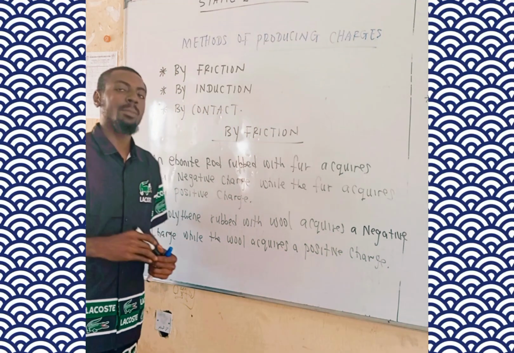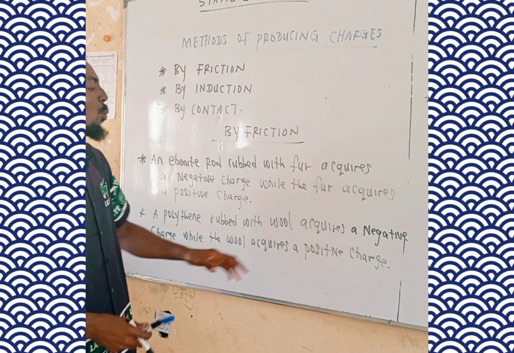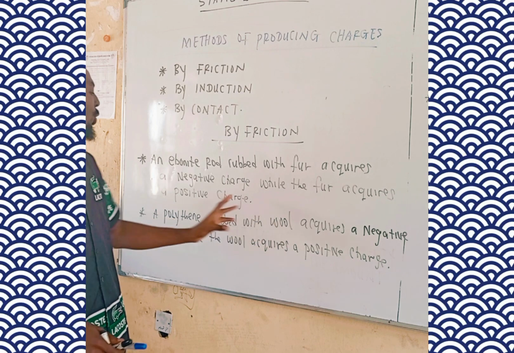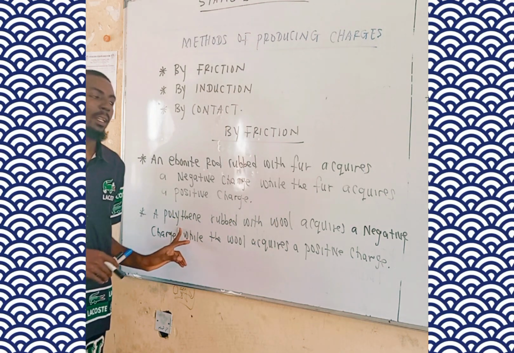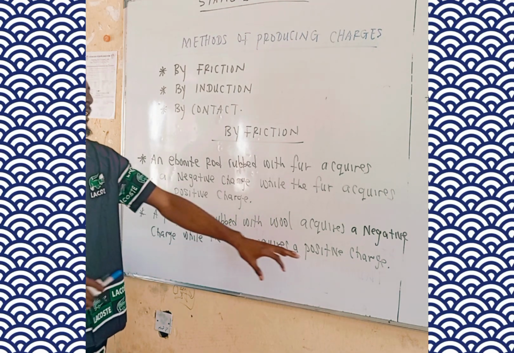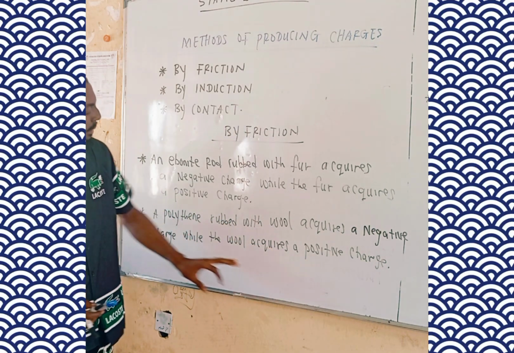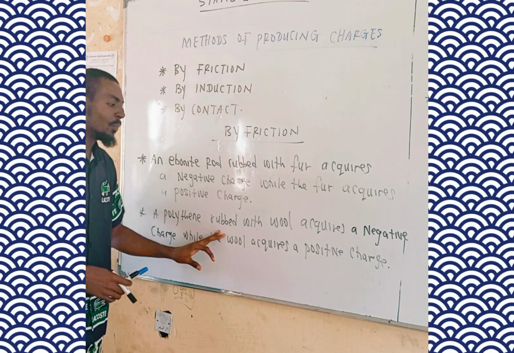You can see a similar case here. It is the wood that gives the charge to the polythene. Therefore, the wood is charged positively, which is the donor. The wood is the donor and the polythene is the acceptor.